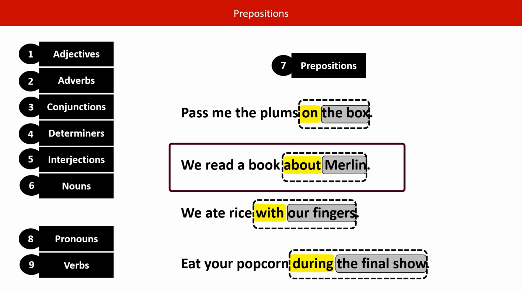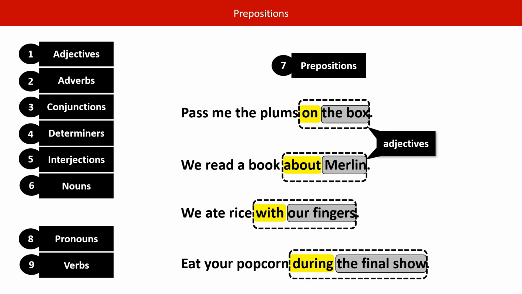We read a book about Merlin. Well, it tells us which book. It's like an adjective. It's like saying we read a Merlin book. So about Merlin is a prepositional phrase functioning like an adjective. So these 2 are functioning like adjectives.